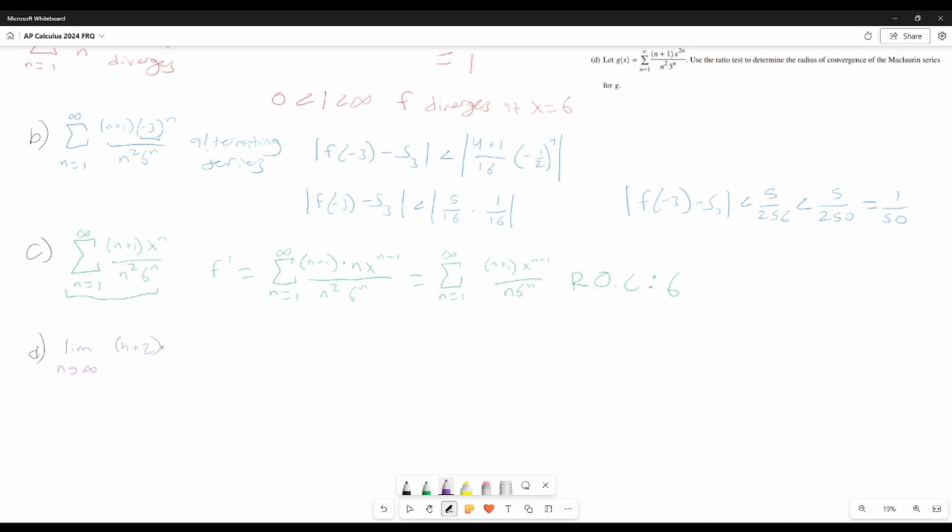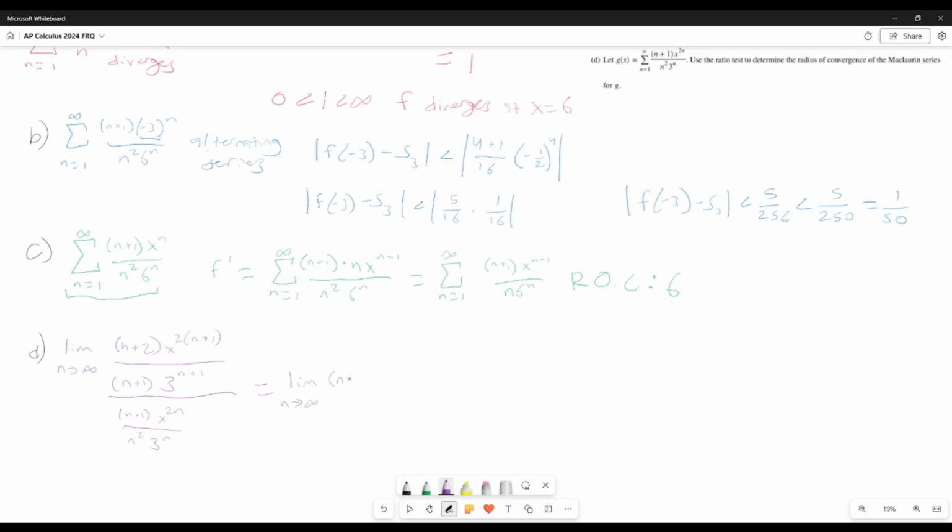So this is going to be n plus 1, I'm sorry, not n plus 2, times x to the 2n plus 2, times 3 to the n plus 1, over n plus 1 times x to the 2n over n squared times 3 to the n.